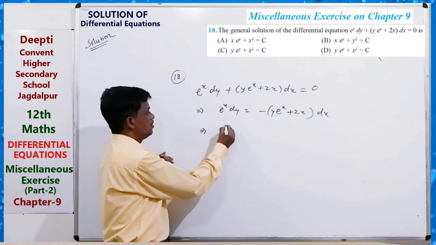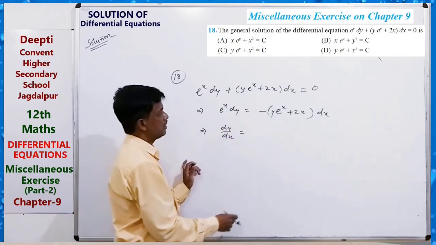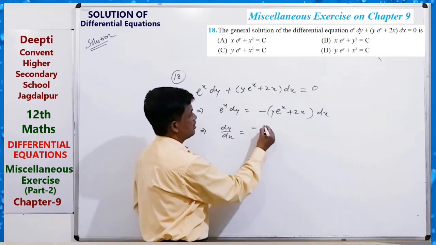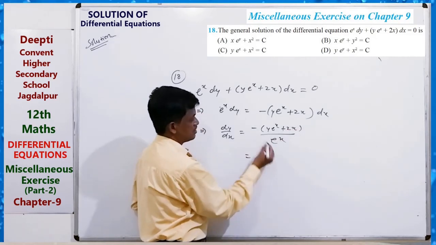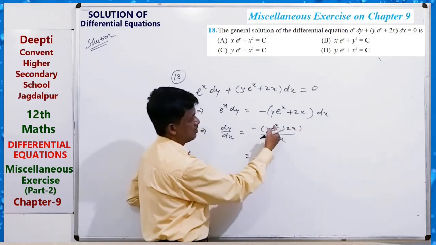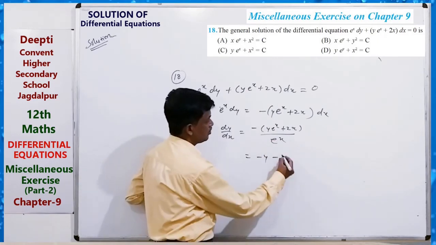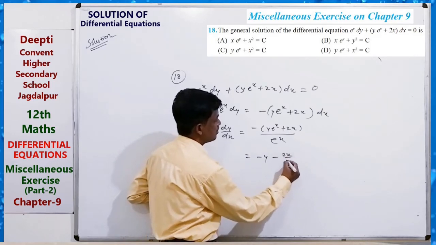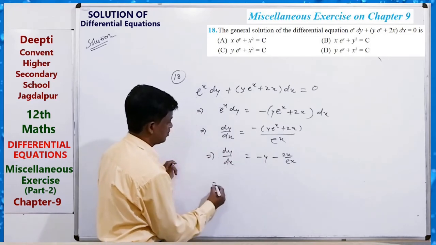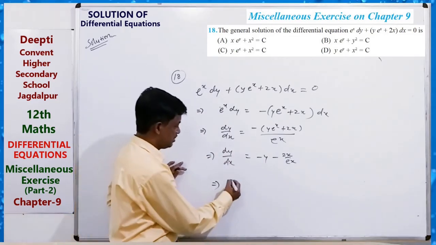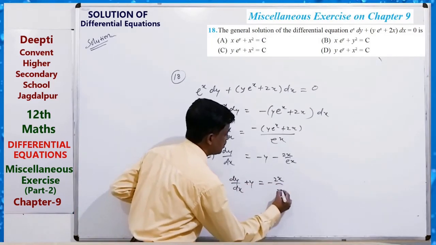Now we can write dy upon dx, and the right hand side will be minus (y e to the power x plus 2x) upon e to the power x. Just divide it. So minus y minus 2x by e to the power x. So dy by dx plus y equals minus 2x upon e to the power x.